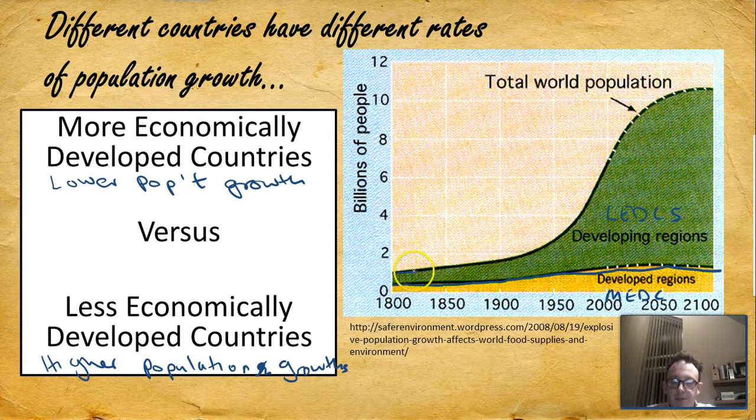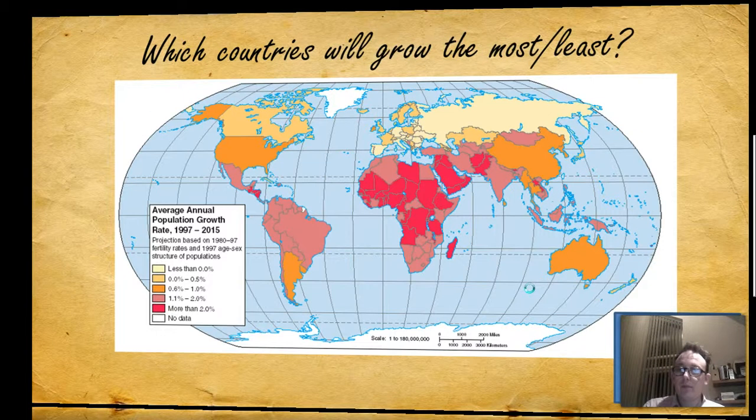Here we've obviously got much bigger growth in these LEDCs, and that's down to the fact that here birth rate is greater than death rate. In developed countries, MEDCs, they're much more similar. The difference between birth rates and death rates isn't so great, so the growth isn't as big.